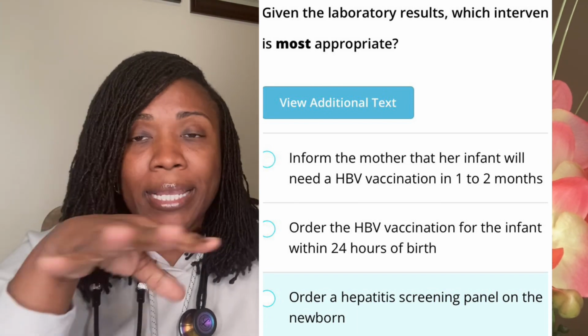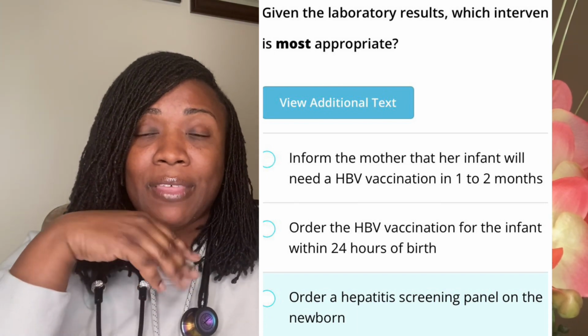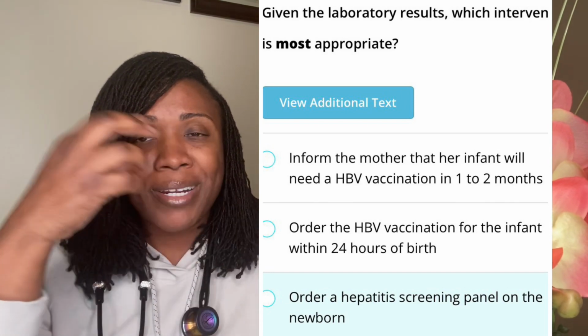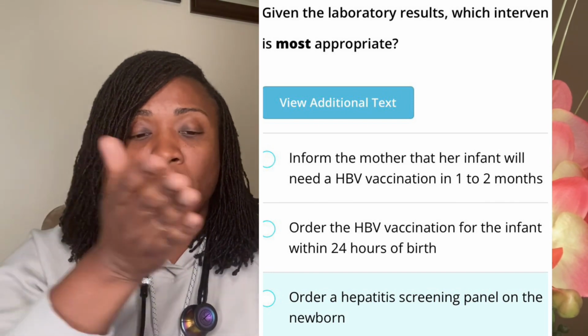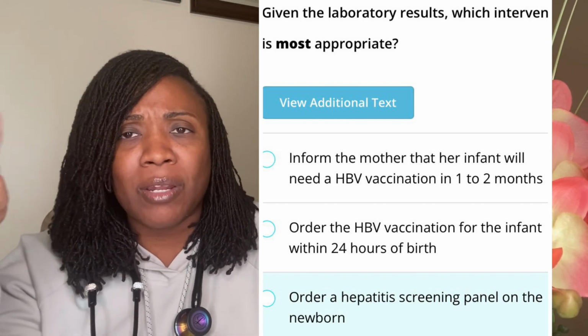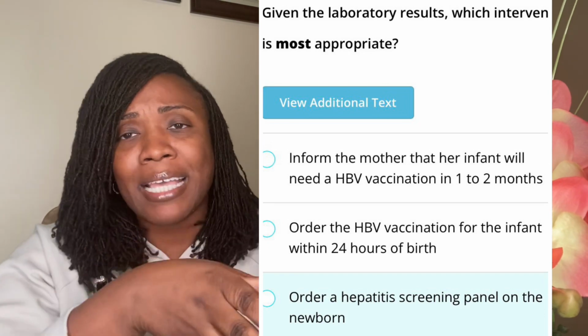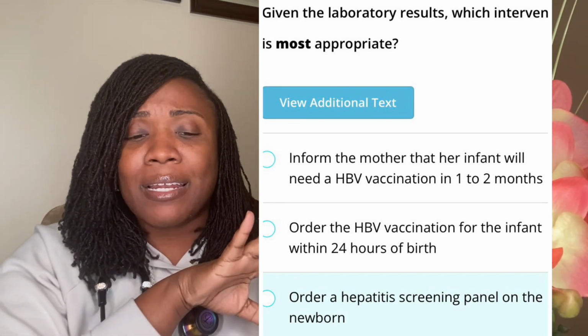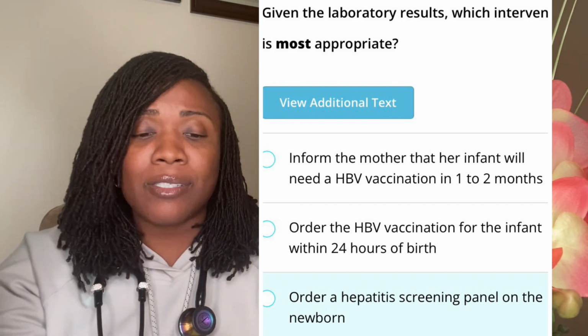So nowhere in this question does it say that the woman has hepatitis B. So critically thinking, we shouldn't even be going in this direction, because we wouldn't need to order a hepatitis screening panel on the newborn, because the question doesn't even say that the mother has hepatitis B. So I would take that answer and just put that to the side.